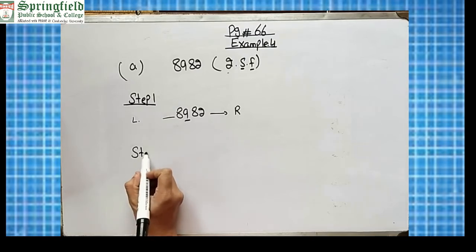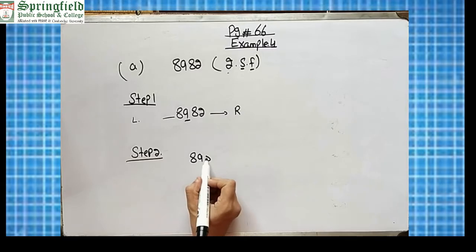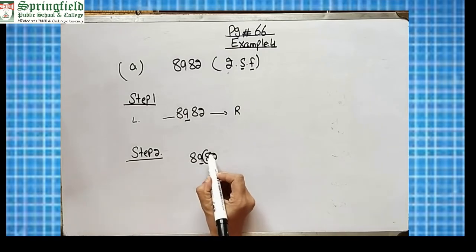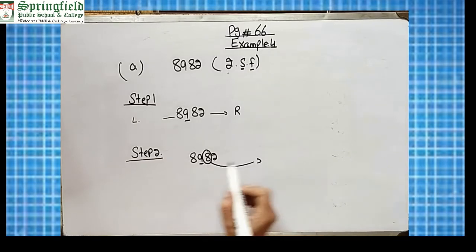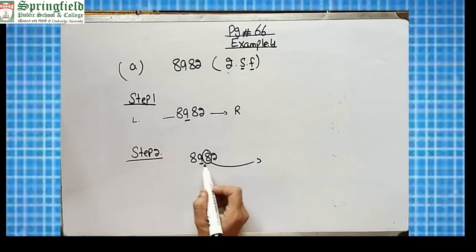Fine. And in step 2, 8982. Then circle the next digit after the highlighted digits. And the next digit is 8. And as we know, when the circled digit is equal to 5 or greater than 5, then we will add 1 to the underlined digit.